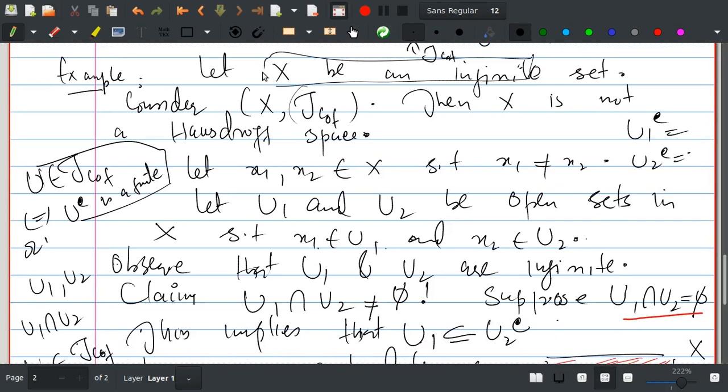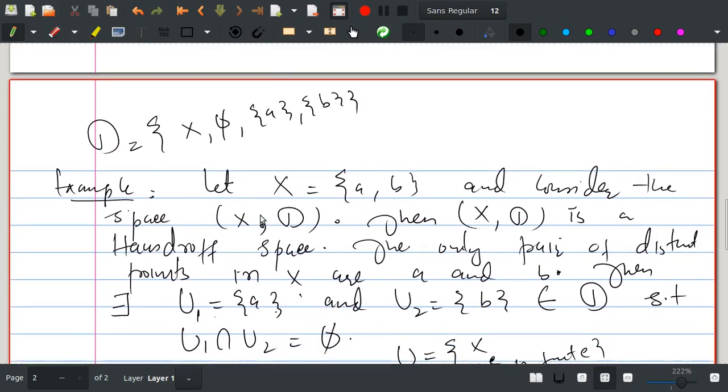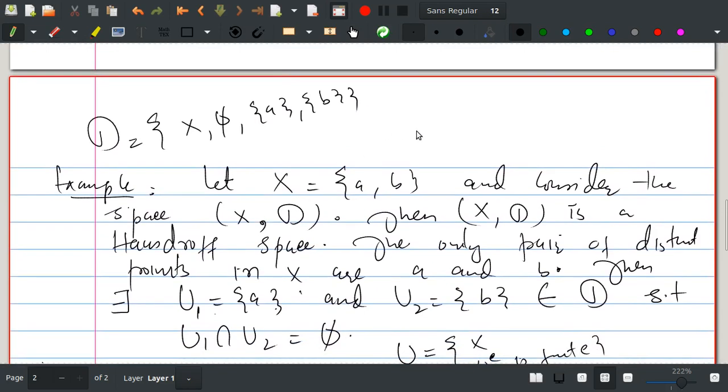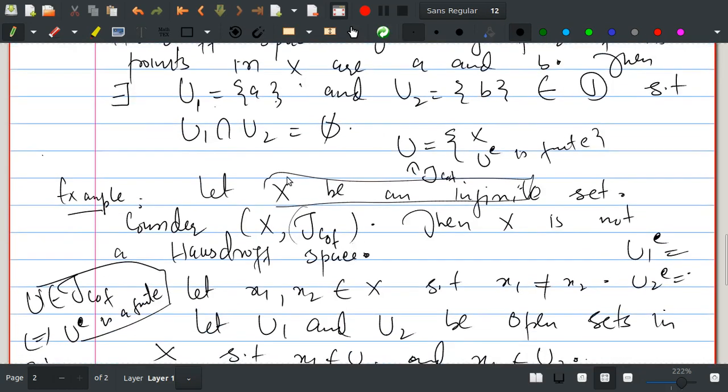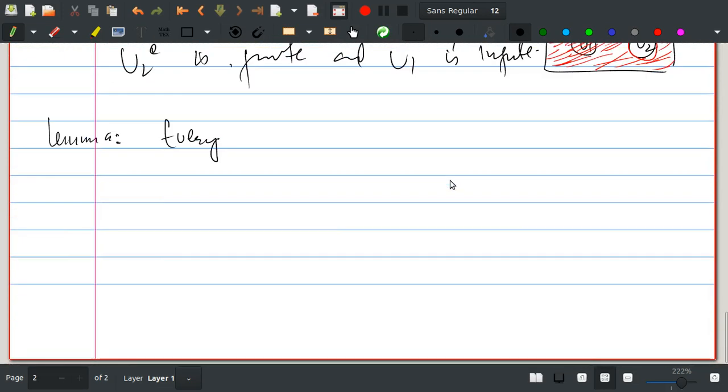If X is a finite set and we consider the cofinite topology on X, then that topology will be equal to the discrete topology, and we know the discrete topological space is a Hausdorff space. That is why we chose X to be an infinite set. Otherwise the cofinite topology will be equal to the discrete topology.